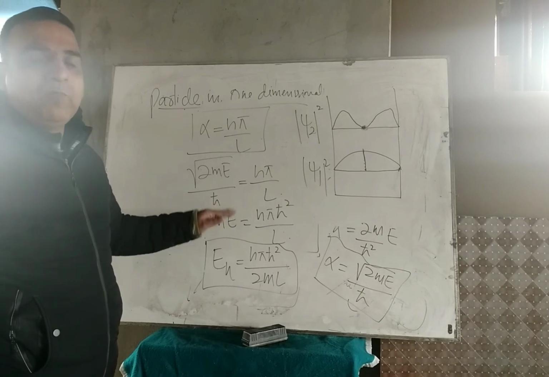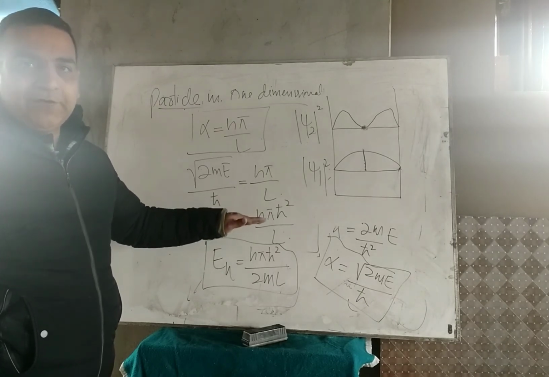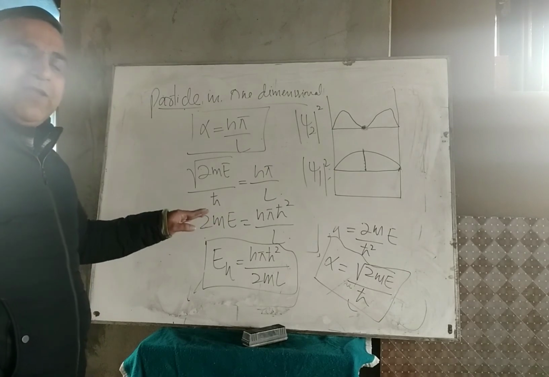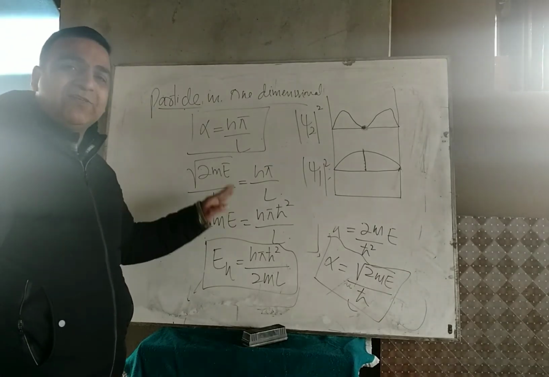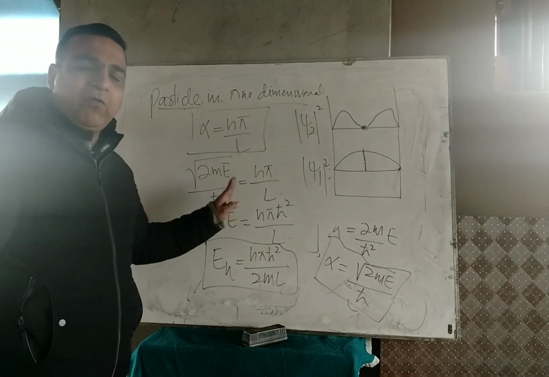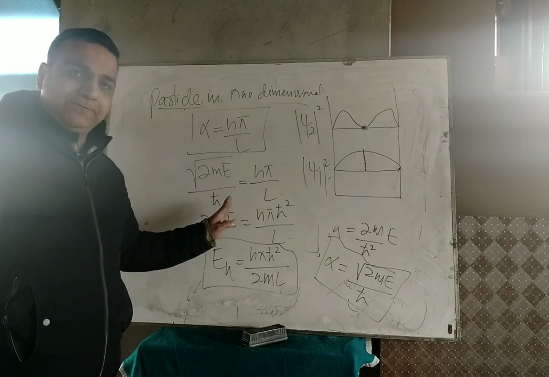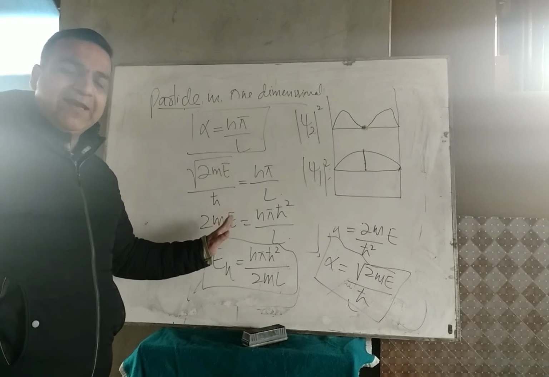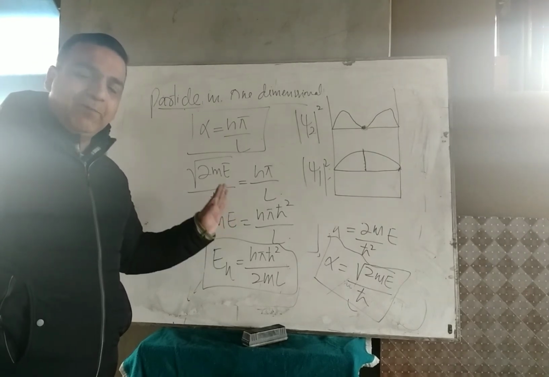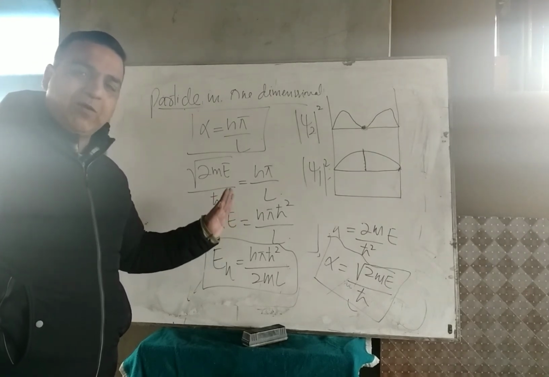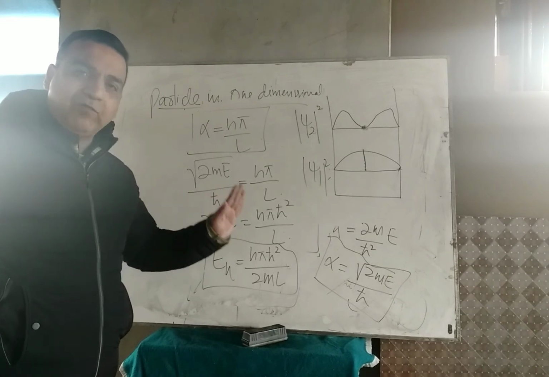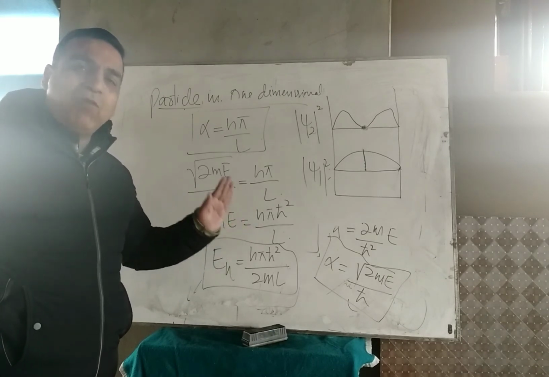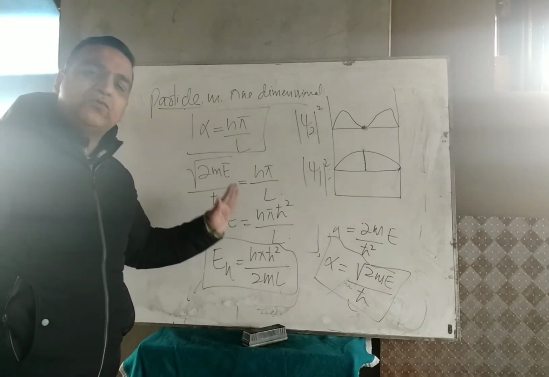It cannot have all possible values of energy. So quantization is automatically coming as a result of solving the Schrodinger wave equation for the given problem. And you are finding here that this particle in a one-dimensional box with infinitely hard walls will have only discrete values of energy.